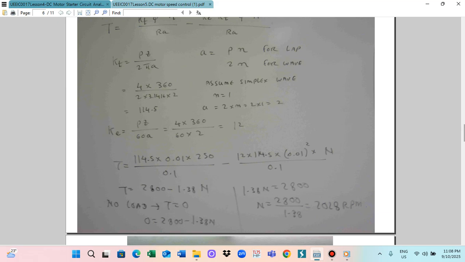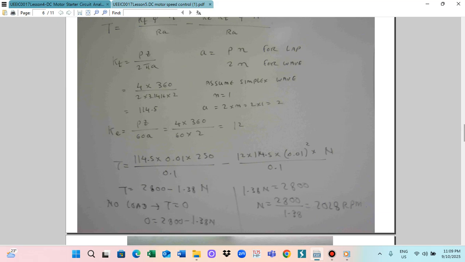T is equal to KD phi V_d R_a minus KE KD phi squared over R_a. So this one we can substitute. For the KD value, you substitute 114.5, multiplied by phi. Phi is already given as 0.01 Weber.